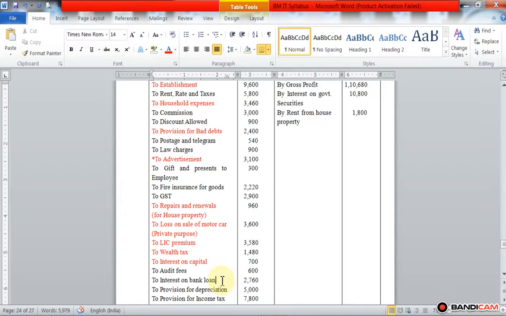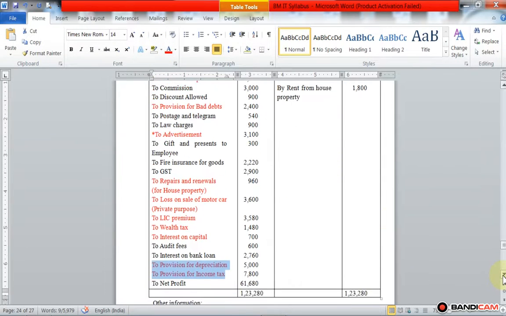Interest on bank loan is allowable because the loan is taken for the purpose of business. Provision for depreciation and provision for income tax, all provisions and reserves, are disallowable expenditure.